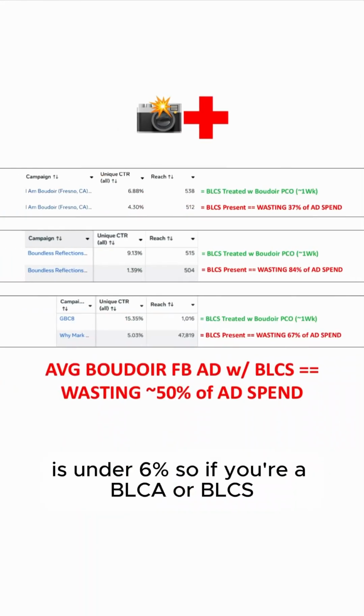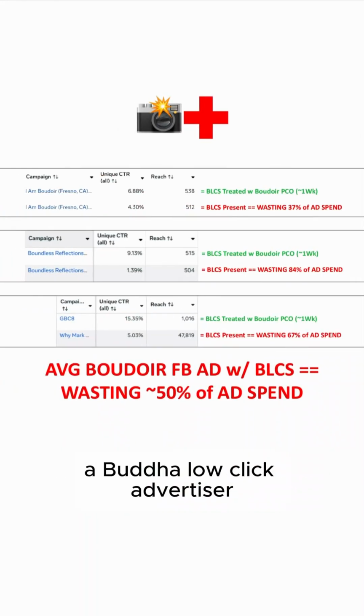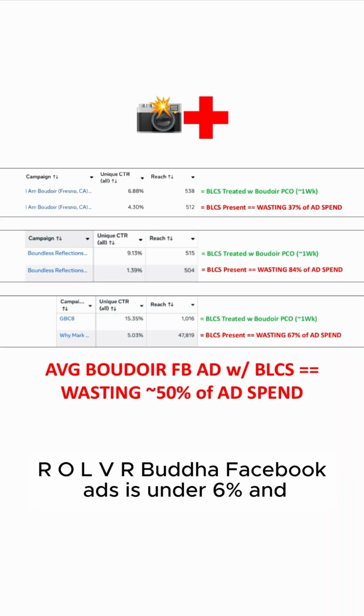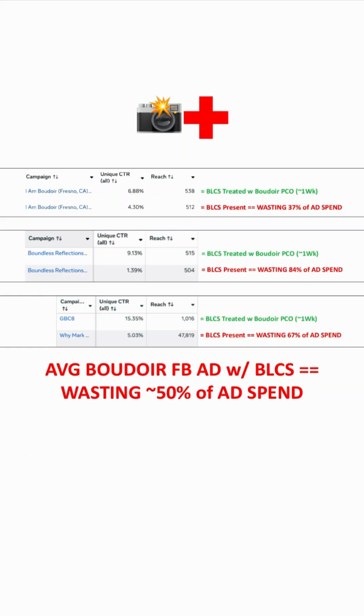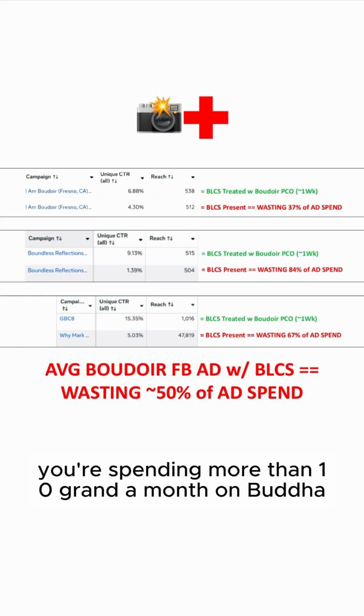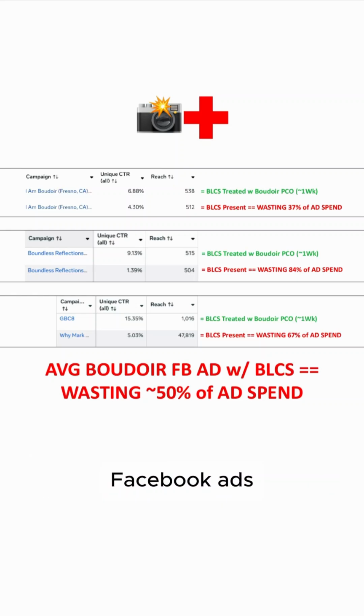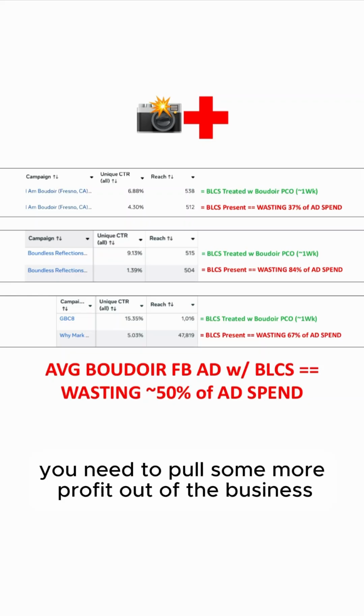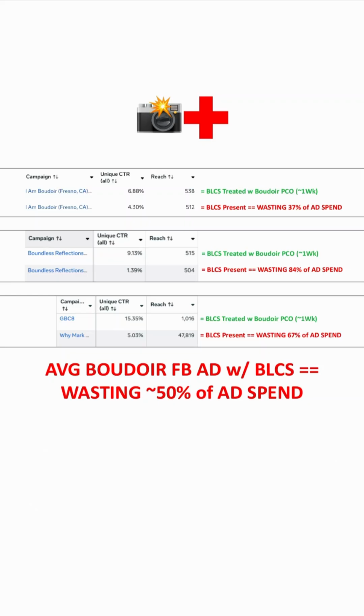So if you're a BLCA with BLCS, a Boudoir low click advertiser with Boudoir low click syndrome, the unique CTR of your Boudoir Facebook ads is under 6%, and you're spending more than 10 grand a month on Boudoir Facebook ads, and you decide you need to pull some more profit out of the business. You've optimized other parts.